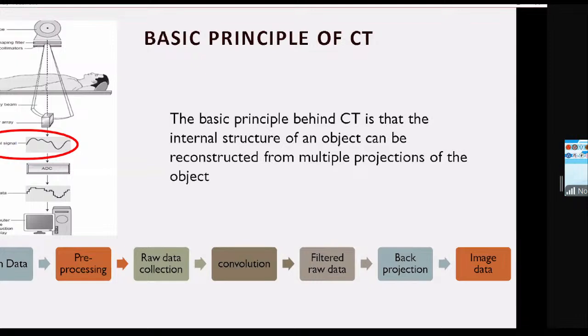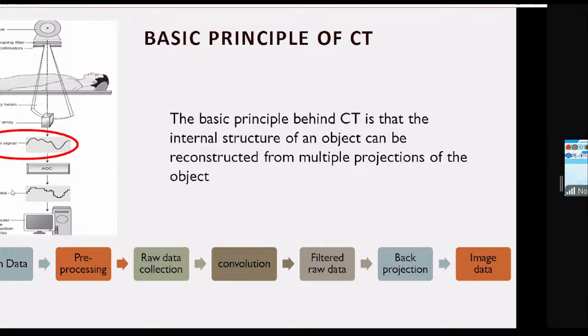Okay, so how does a CT scanner take raw X-ray data and turn it into detailed images? When a patient is scanned, X-rays pass through their body and are detected as attenuation measurements, which are converted from electrical signals into digital signals.